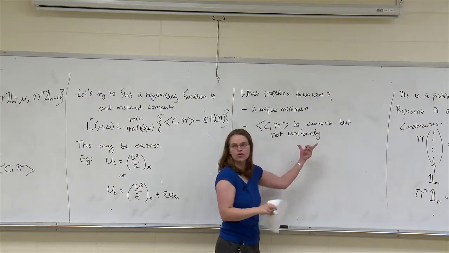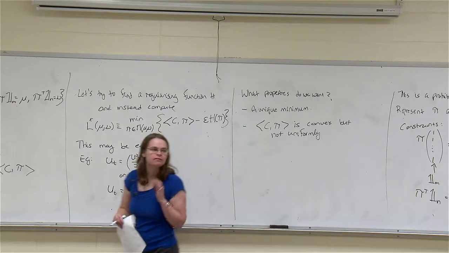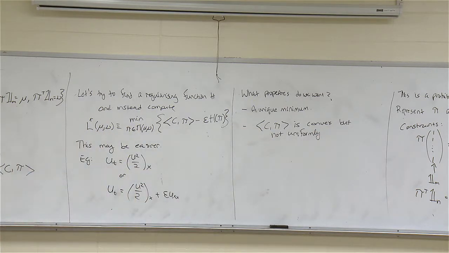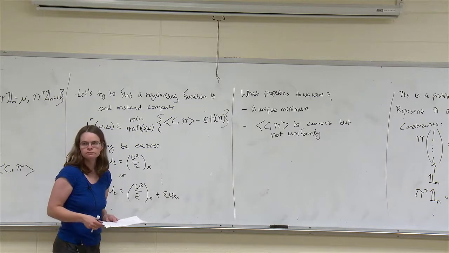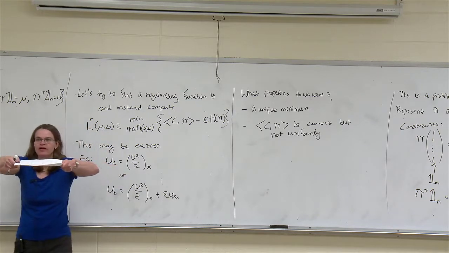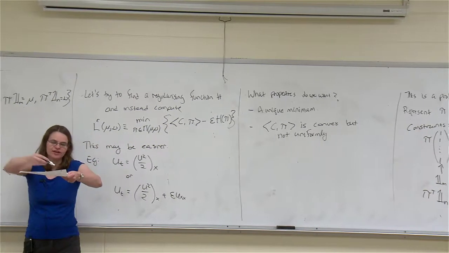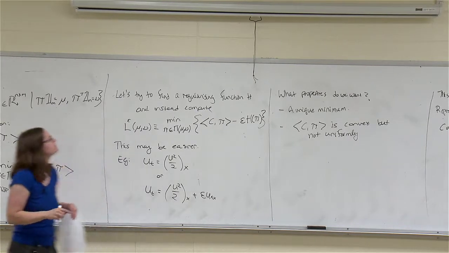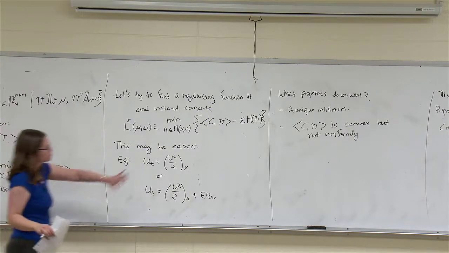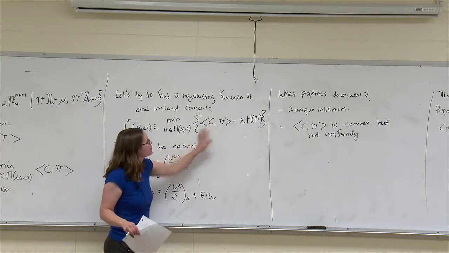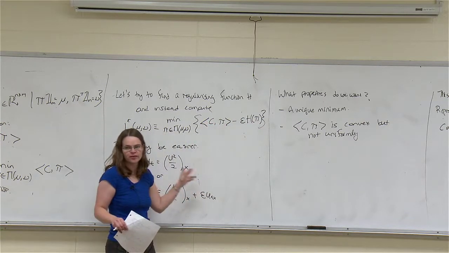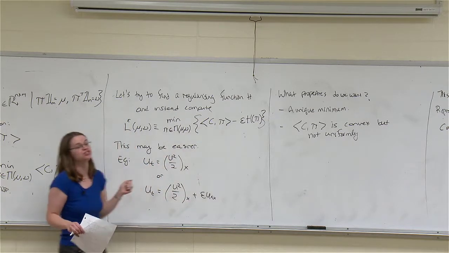And that not uniformly is why we may not have a unique minimizer. We may run into the case where somewhere in our constraint set it's just flat for a while. Okay, so this guy is okay, but he's not uniformly convex. Overall, we want this thing to be uniformly convex so that we can say this has a solution.